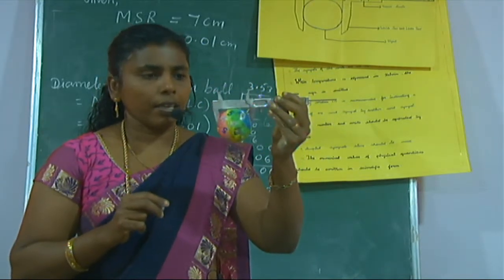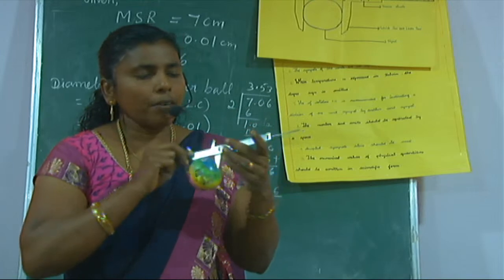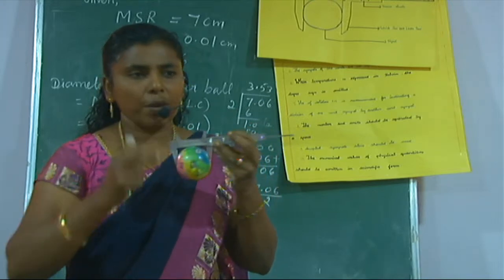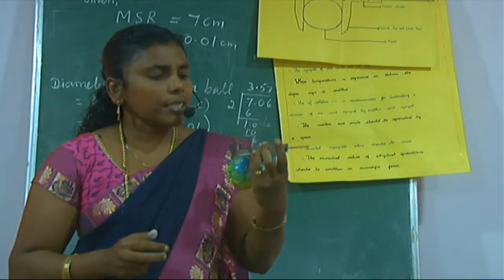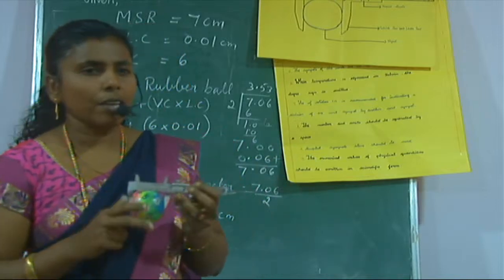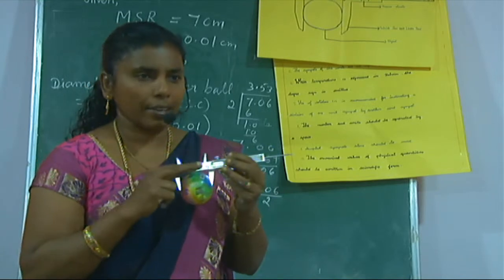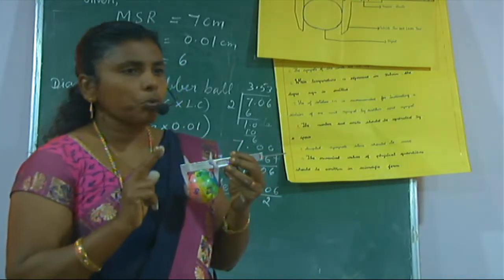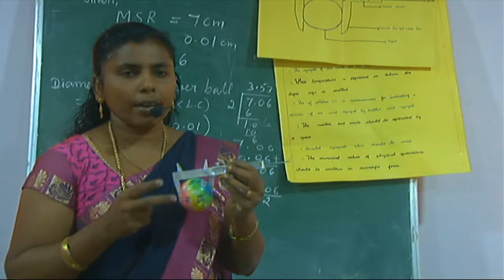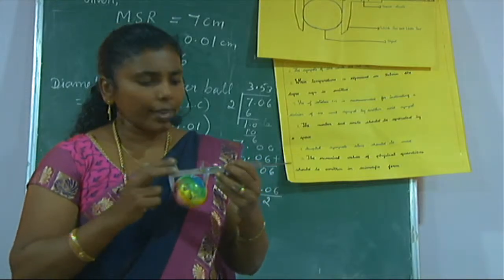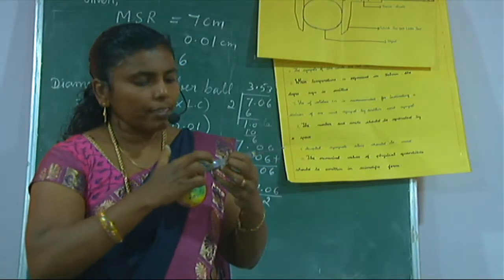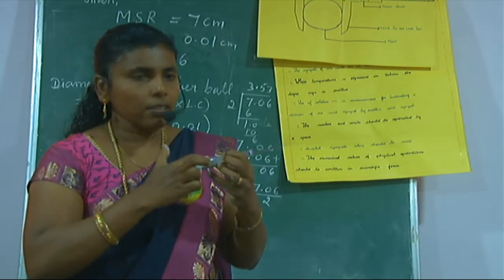Nowadays digital vernier calipers are also available, and everyone is willing to use them. With a digital vernier caliper there is no need to find the least count and zero error; we just get the numerical value on the display.